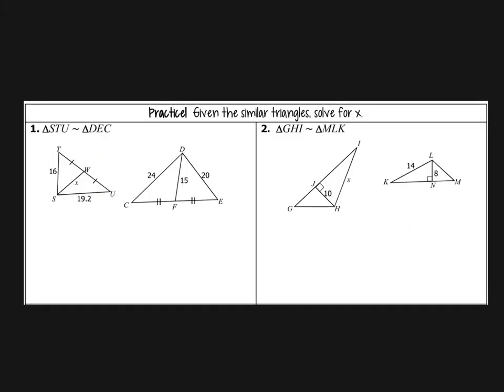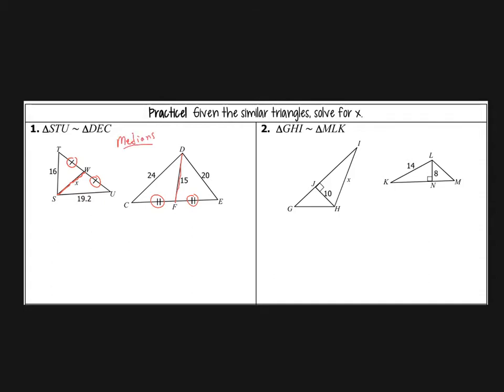Okay, this first problem, as I look at our triangles, I notice right here and here I have some congruency notation. It looks to me that segment SW and segment DF are our medians.